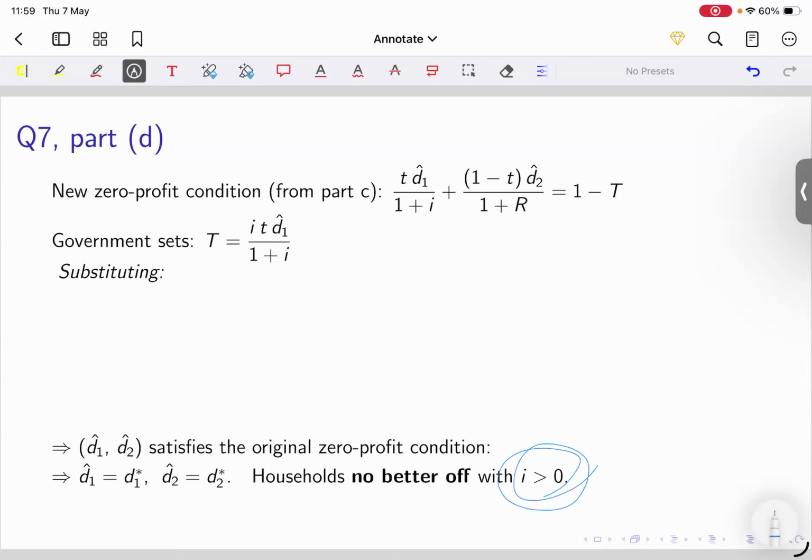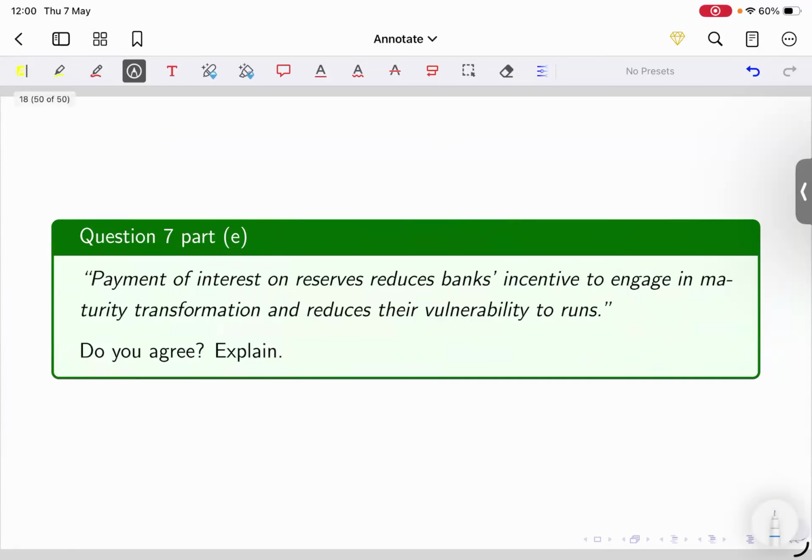And then, just because we're really short on time, the last part of this big question asks you whether the payment of interest on reserves reduces the bank's incentives to engage in maturity transformation and reduces their vulnerability to runs.